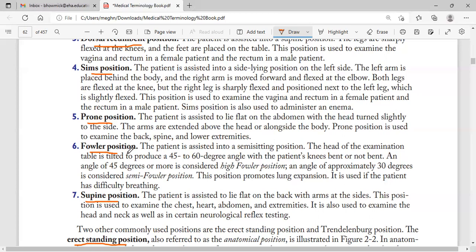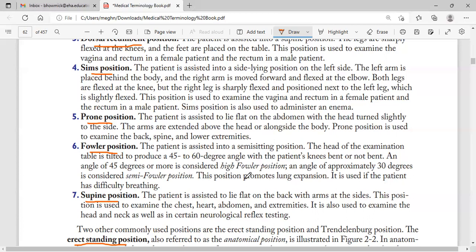Now, Fowler position, the patient is assisted into the semi-sitting posture. The head of the examination table is tilted to produce a 45 to 60-degree angle, with the patient's knees bent or not bent. An angle of 45 degrees or more is considered high Fowler.